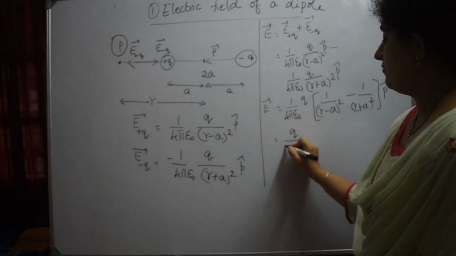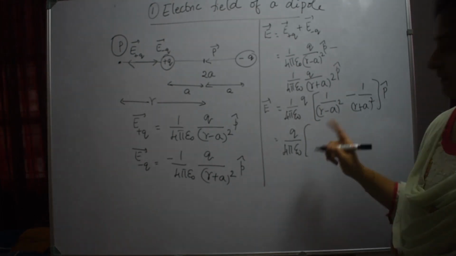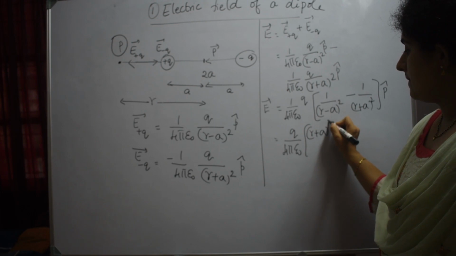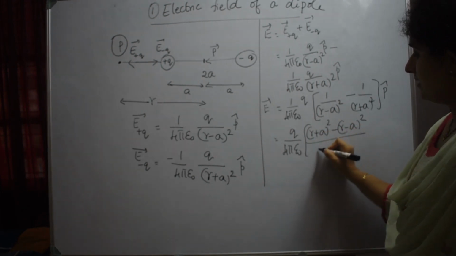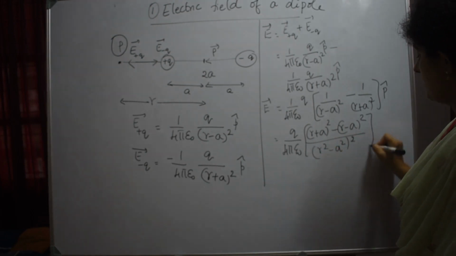So q by 4 pi epsilon naught into cross multiply, r plus a the whole square minus r minus a the whole square, divided by r square minus a square whole square into p cap.